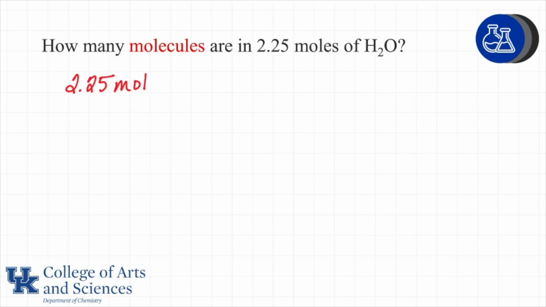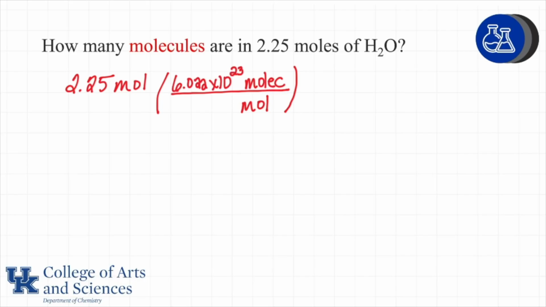We're starting with moles, therefore moles needs to go in the denominator of the next step so that those units can cancel out. We're trying to get from moles to molecules, and we know a relationship between those two with Avogadro's number. 1 mole equals 6.022 times 10 to the 23rd molecules. We can use that relationship to get between moles and molecules.